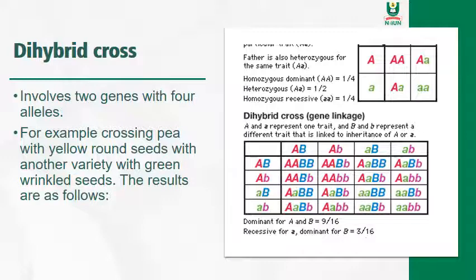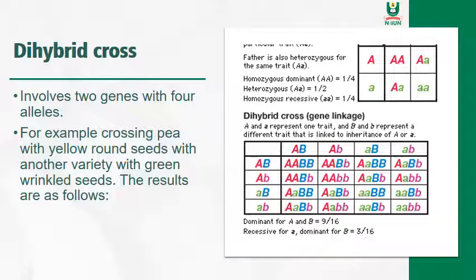To make it easier for you, you can align the gametes this way, vertically and horizontally, and then you cross them. When you get capital A and B, and capital A and B, you get your resultant cross here in the squares that are provided. So at the end of the day, if you count the dominant ones, the ones that have any capital letter represented, this is 1, 2, 3, 4, 5, 6, 7, and 8.